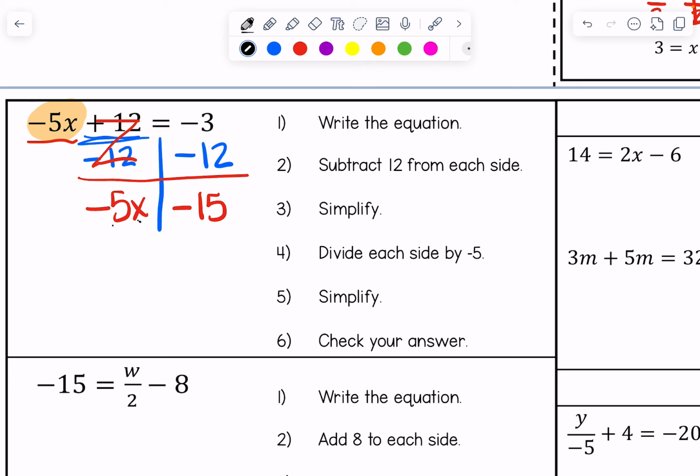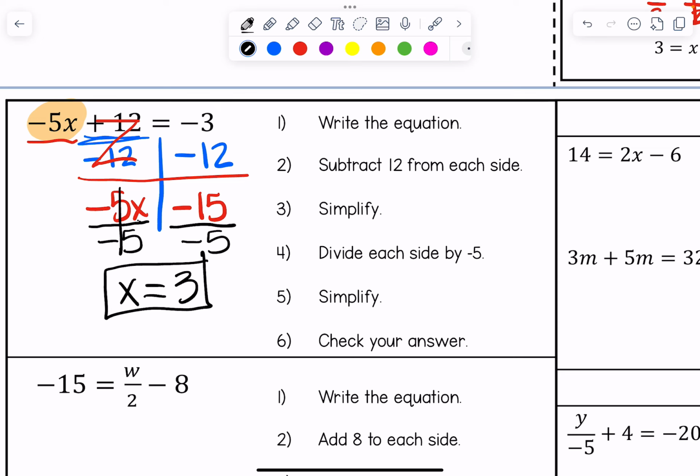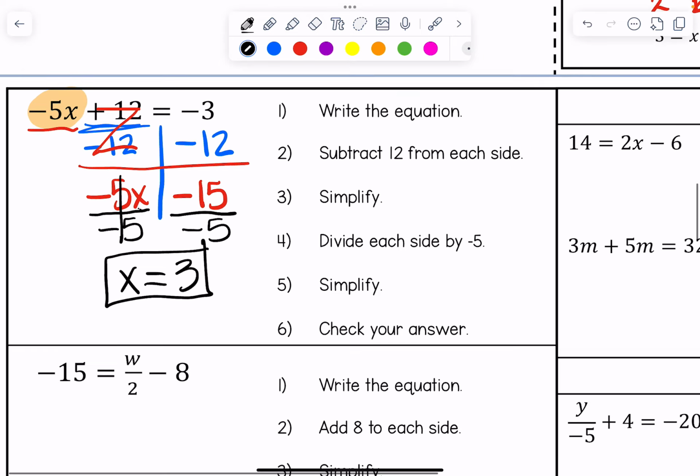X is being multiplied by -5. I need to undo that. To undo multiplying, I'm going to divide both sides by -5. Over here, -5x divided by -5 will equal 1x. So I have x by itself now. And -15 divided by -5 will equal +3. So x is going to equal +3 there.